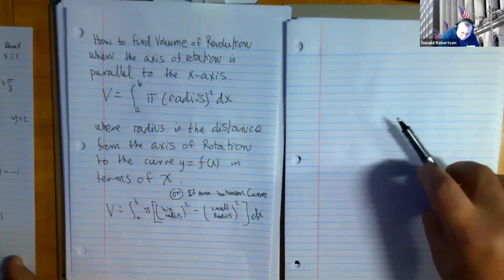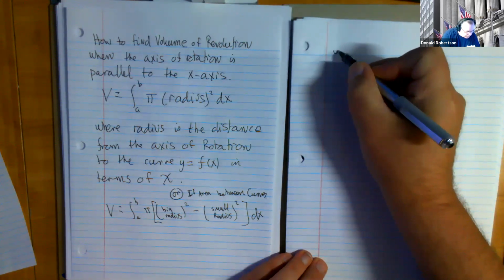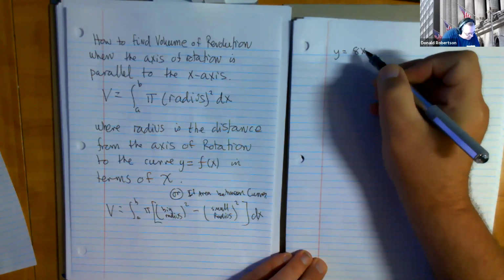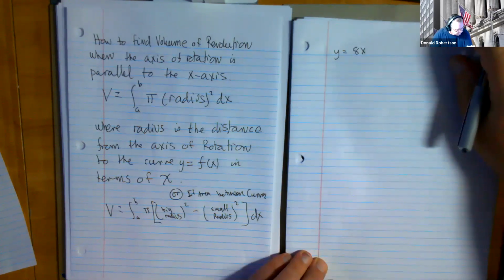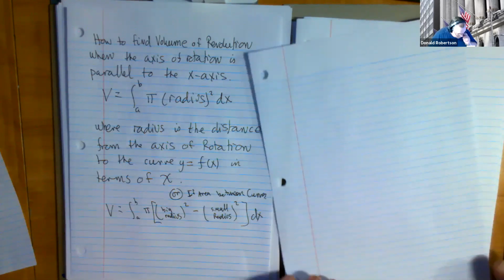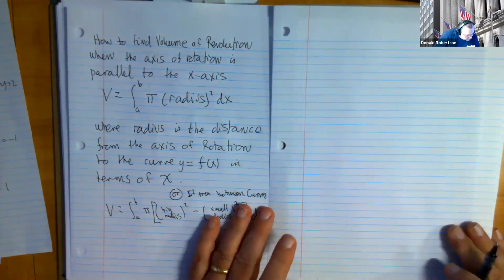So let's show you what one of those questions might look like. We're being asked to find the volume of revolution for, oops, I will do that one, but that's not the one I intended to do first. Let's find, oh dear, it's hard to find one when you really want one.